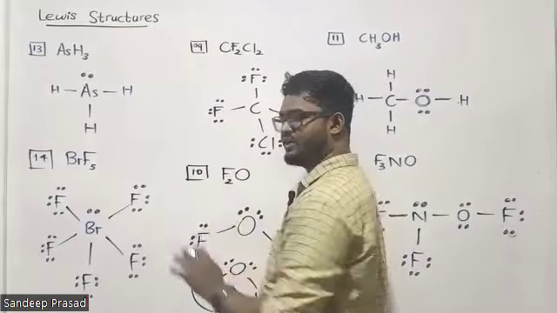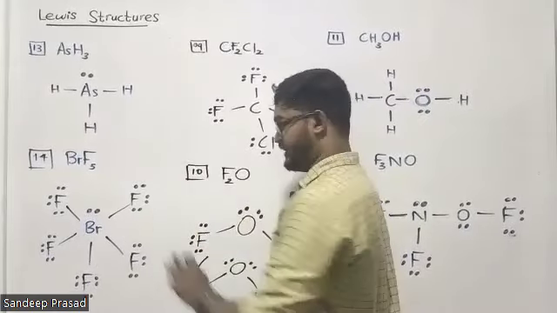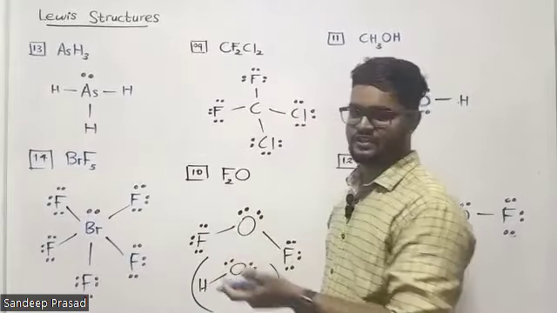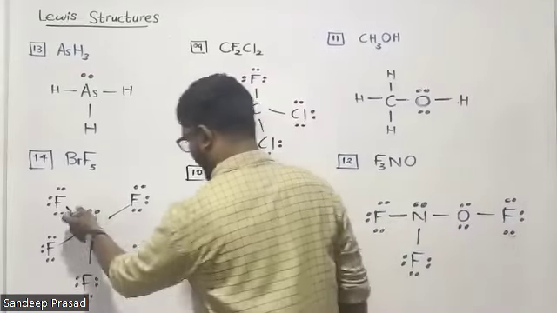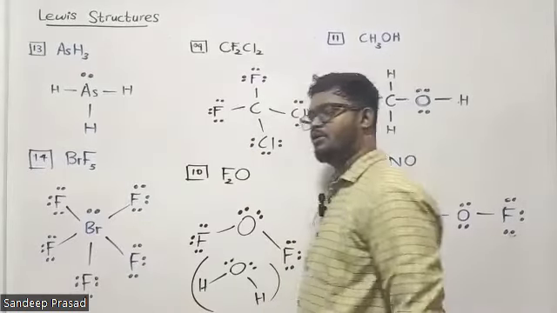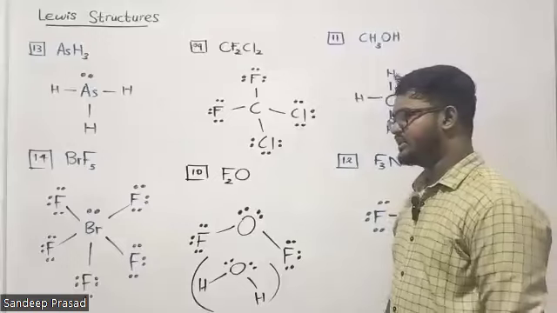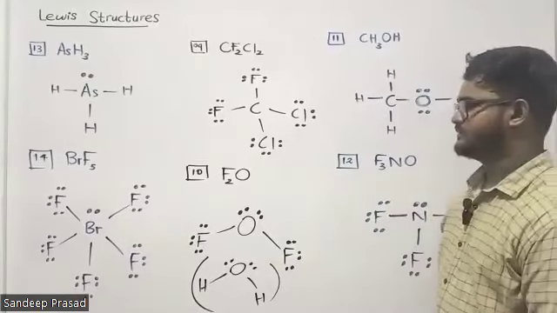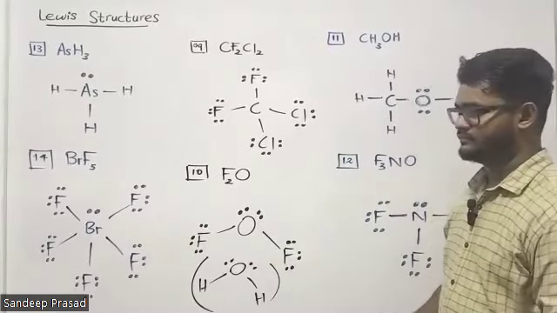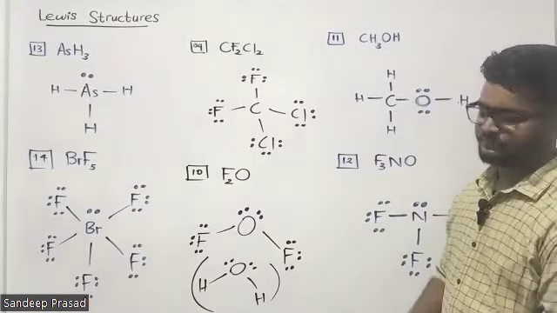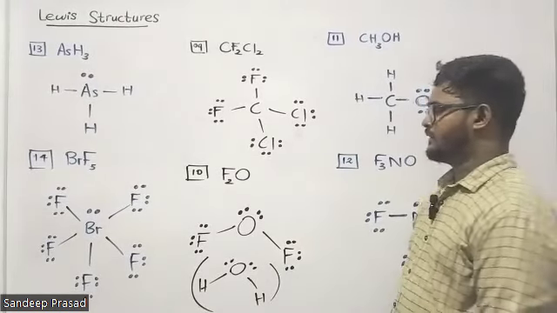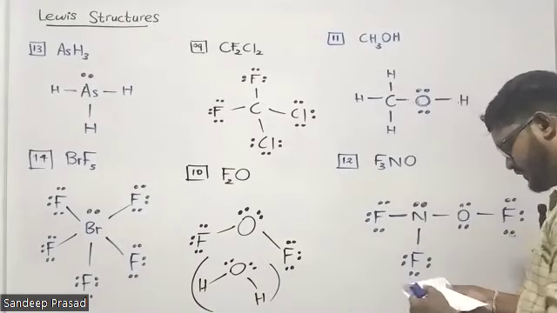Bromine is already satisfying the octet, even exceeding it. So 1, 2, 3, 4, 5, 6, 7. Bromine has 7. Valence shell electrons are okay. So that is the 14th molecule.